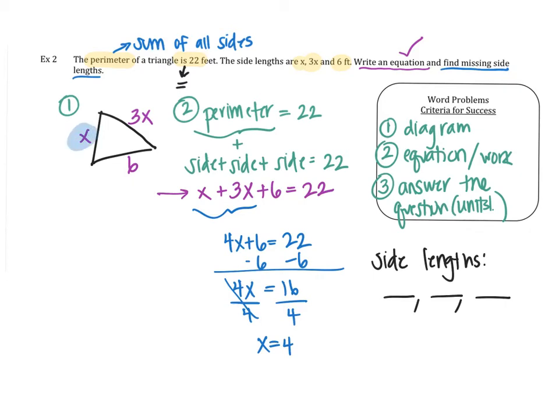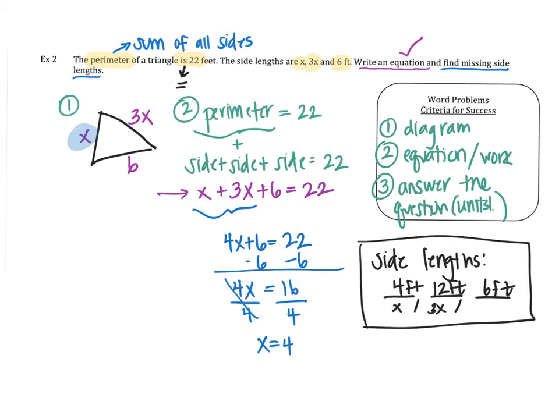Instead of an x, we know x is 4, and my units are feet. Let's look at the next side length. I have a 3x. Well, we said x is 4. 3 times 4 is 12 feet. And my last side length we knew, which was 6, so that's 6 feet. So when it said find the missing side lengths, they are 4, 12, and 6.